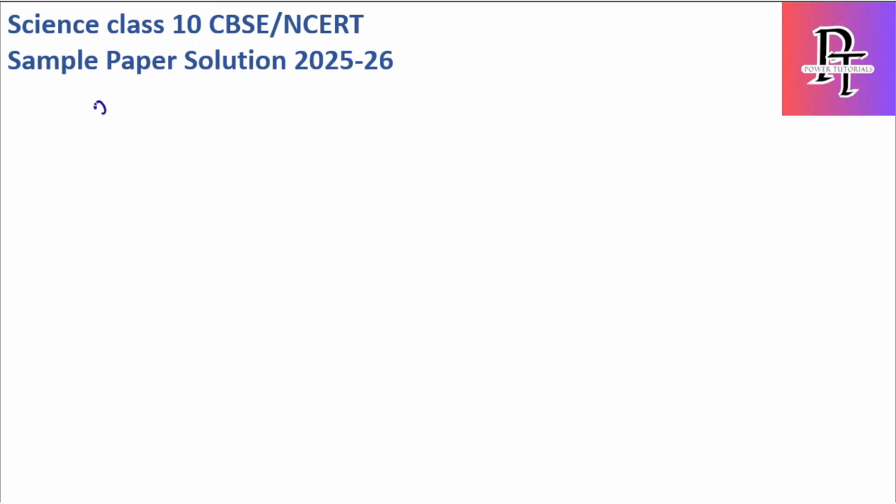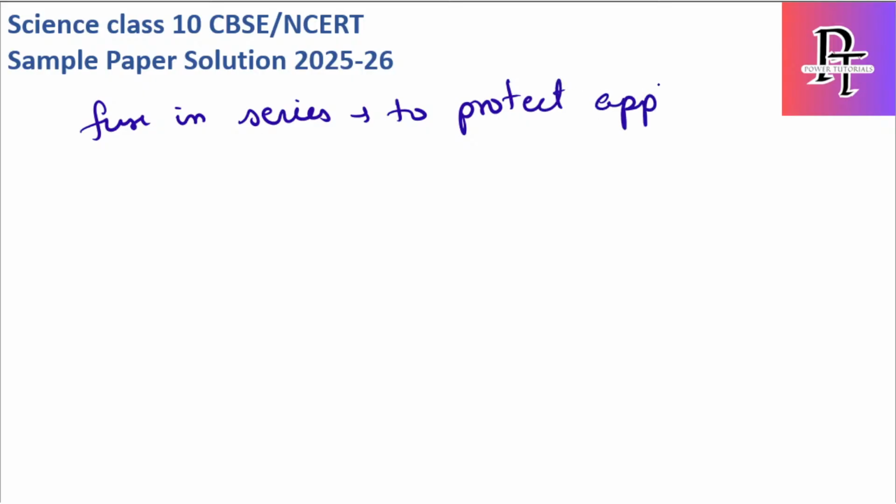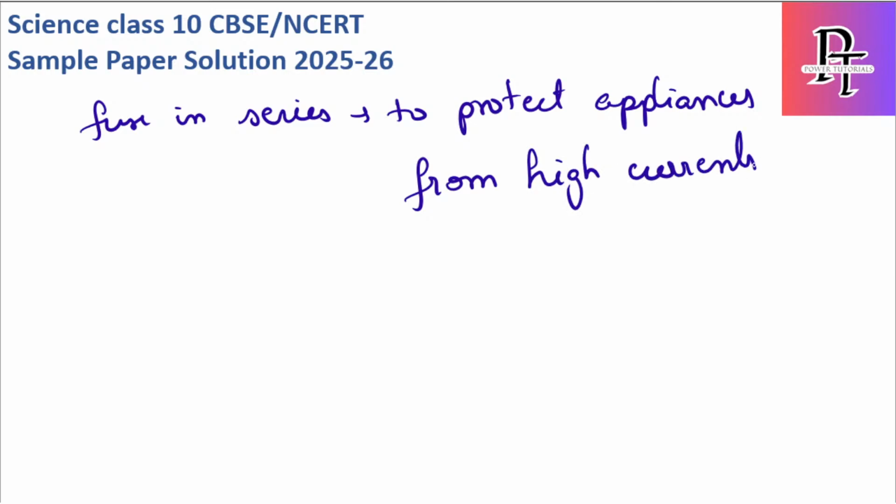So why fuse in series? Fuse in series to protect appliances from high currents. Generally the fuse rating will be 1.25 times the current rating.